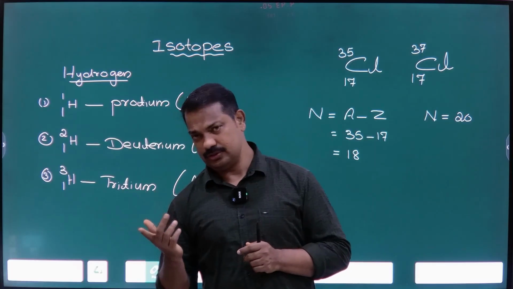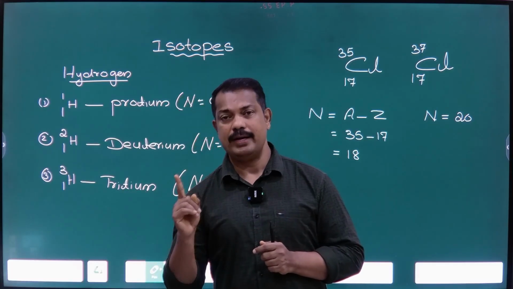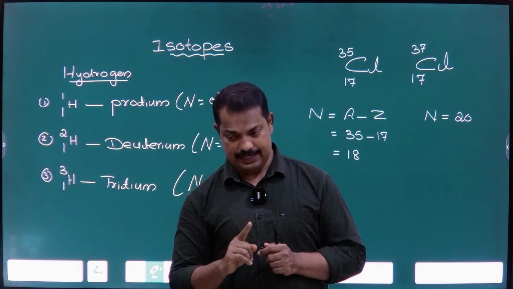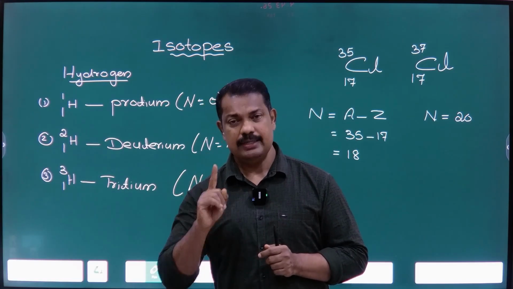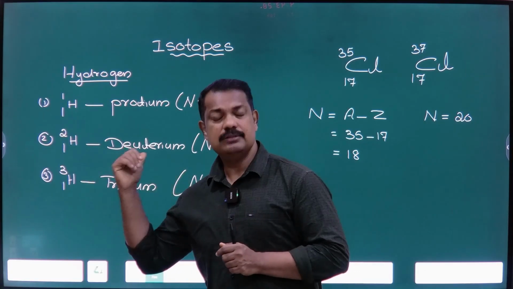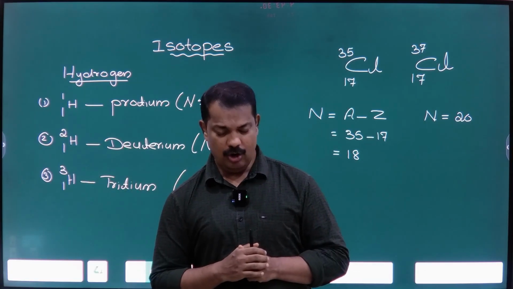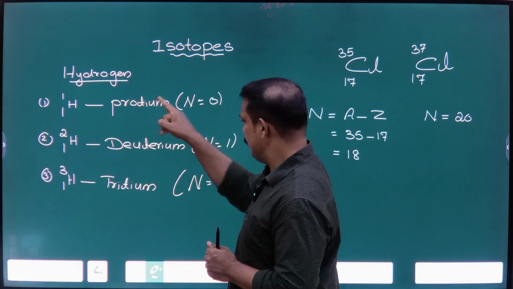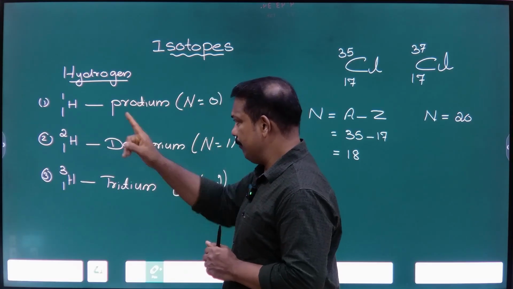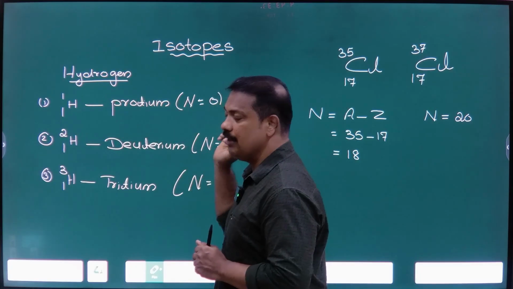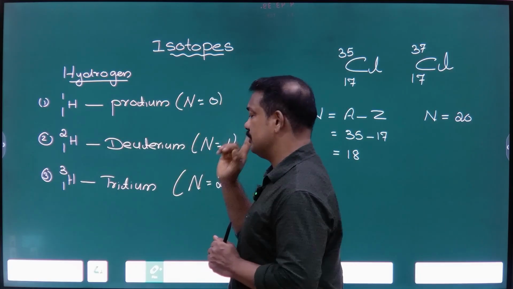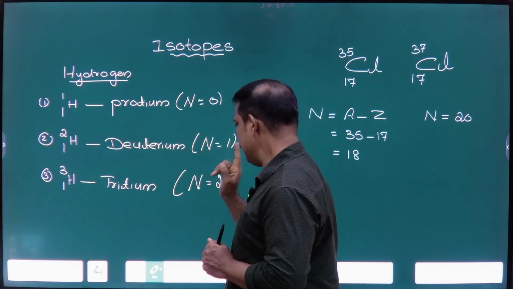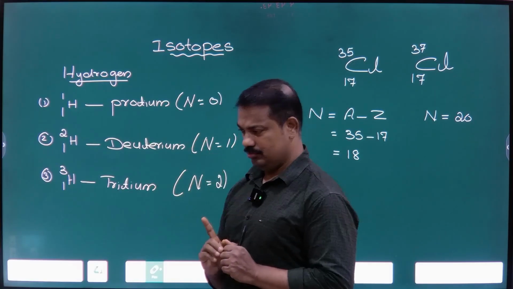The different isotopes of hydrogen: protium 1H1, deuterium 1H2, tritium 1H3. In all these cases, the number of neutrons is different. The number of neutrons present in protium is 0, deuterium 1 and tritium 2.